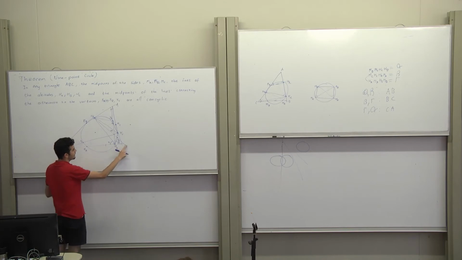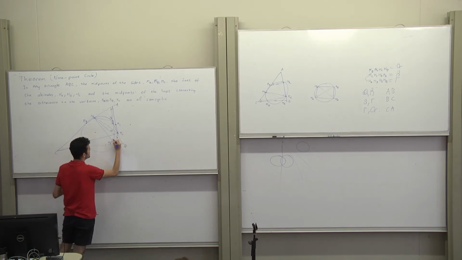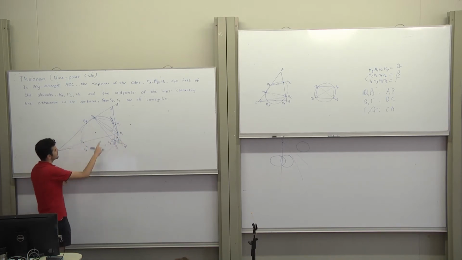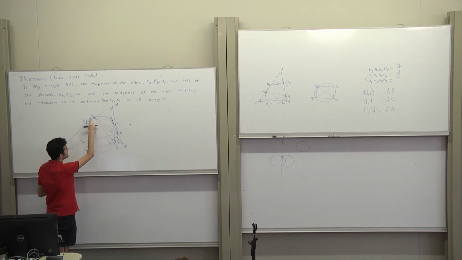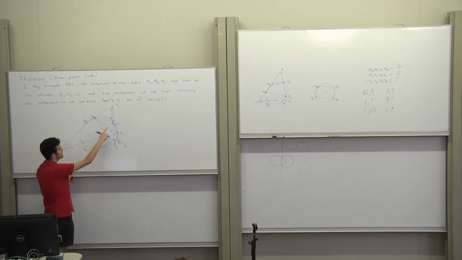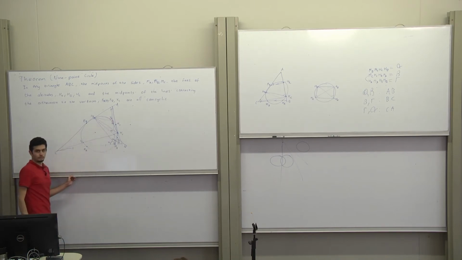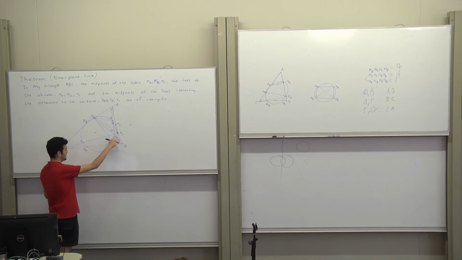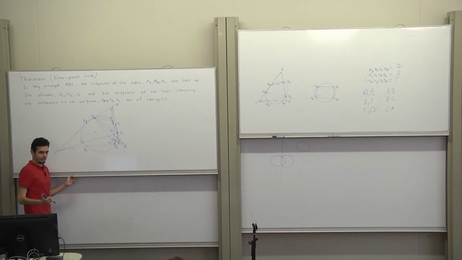And then angles on a straight line give us that angle HB, HA, HC is 180 degrees minus 2x. And that means that HB, XA, HC, HA is a cyclic quad, or more importantly, XA lies on the 9-point circle. And then similarly, XB and XC lie on the 9-point circle for the same reason.